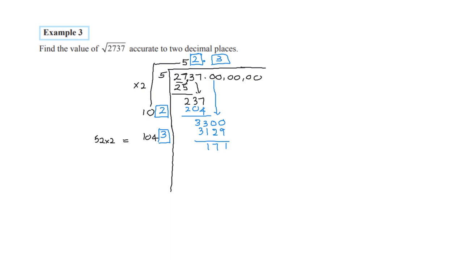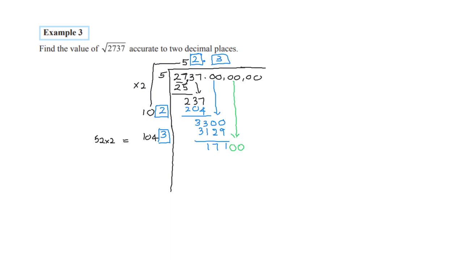171. You have to take another pair of zeros here. Okay. Now, next step, you have to double the number here. 523.